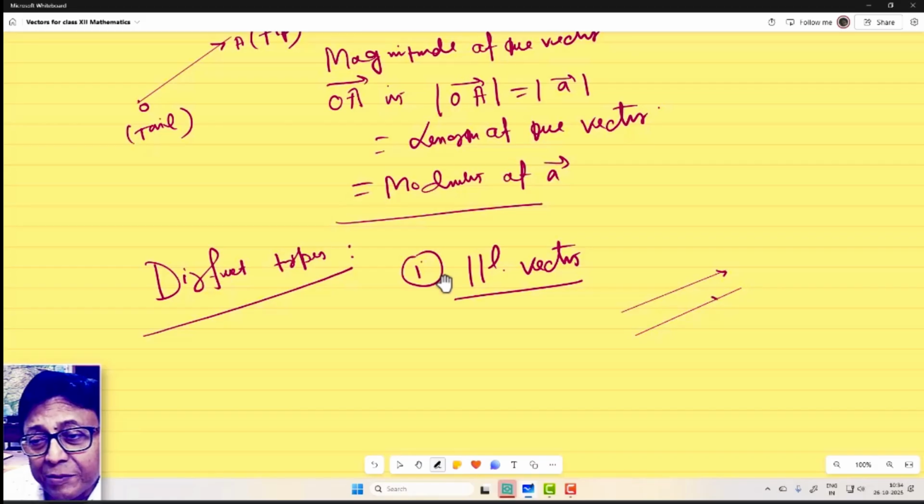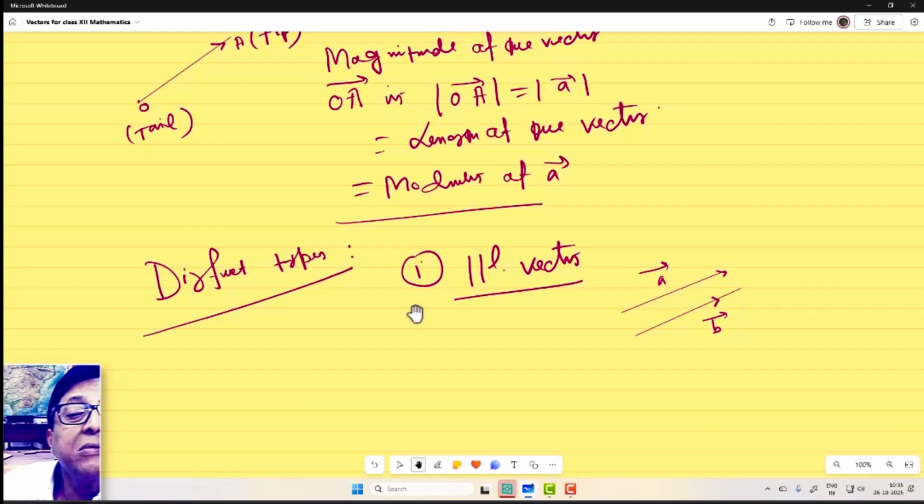By mistake, if you put the arrow anywhere, it doesn't matter. Just don't put it at the tail. So these two vectors, A and B, are parallel. Why? They have the same direction. So two vectors are said to be parallel if they have the same direction.